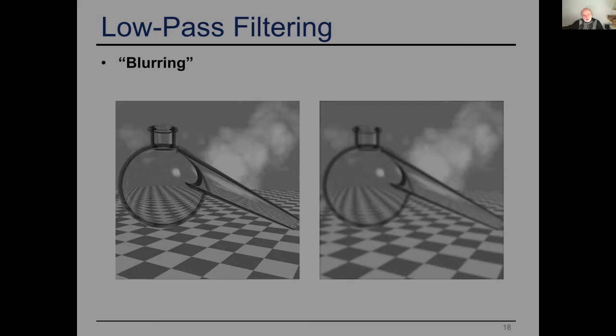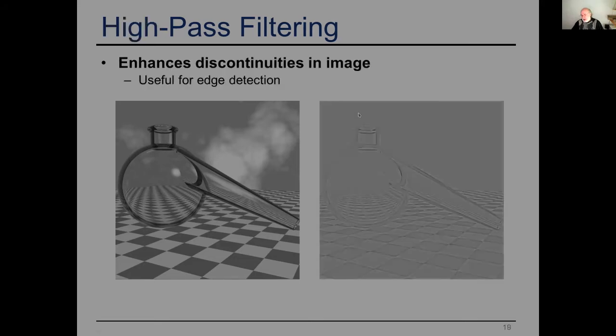As we added more, higher frequencies to the box function, the edge became sharper and sharper, and essentially we're throwing some of those away now, and this leaves us with blurred edges. If we do the opposite, a high pass filter, so you remove the low frequencies, then what you're getting is only the edges in the image. And that's actually what the edge filters in image processing are doing.